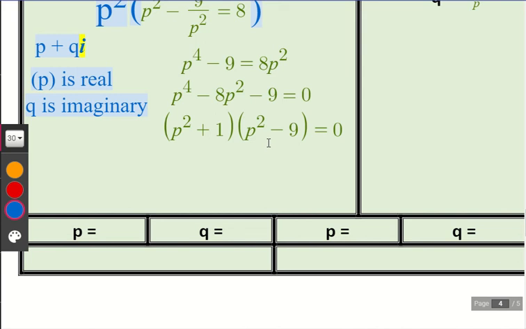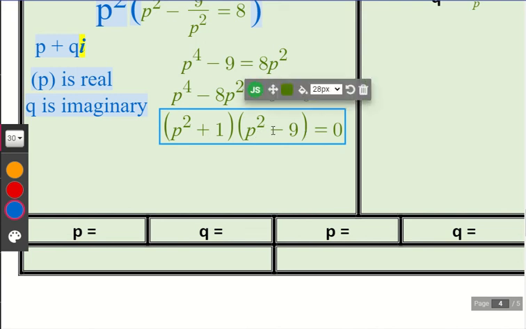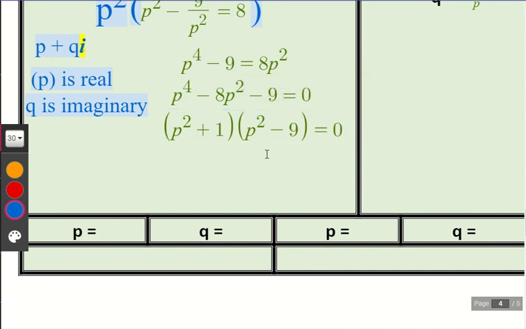When I want to factor this part of the equation for p, the one thing I want to point out is we are looking for the real number part. If my answer has an i in it, the i goes with the q. Since p is the real and q is the imaginary, I want to make sure that my answers are real.